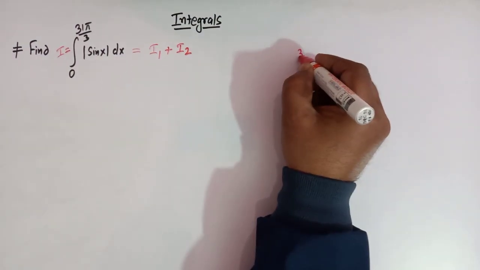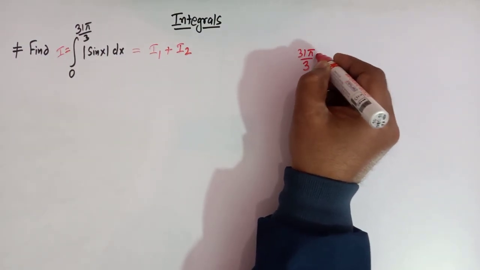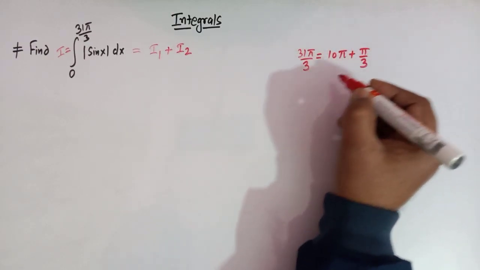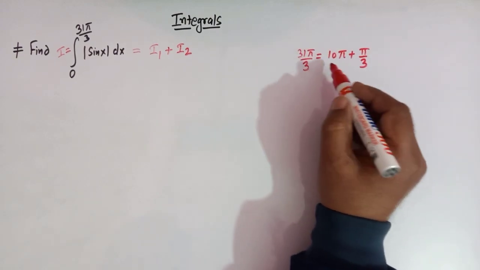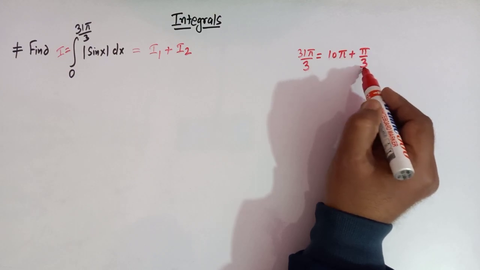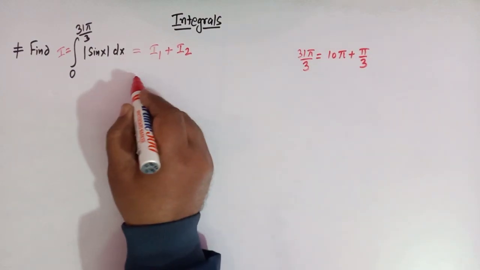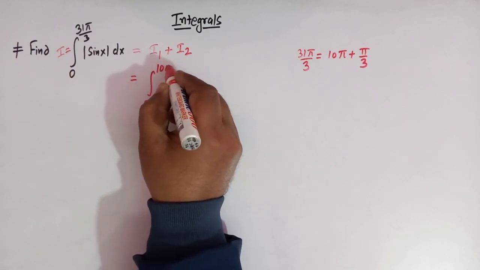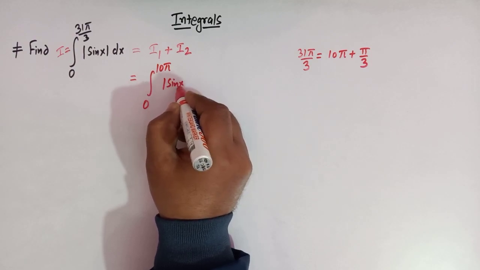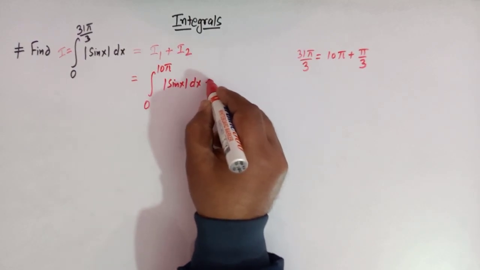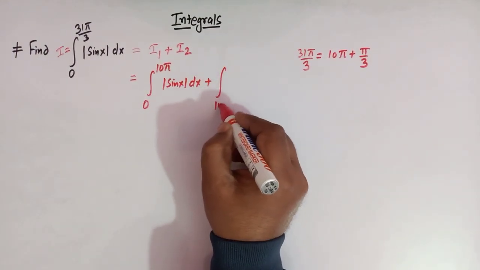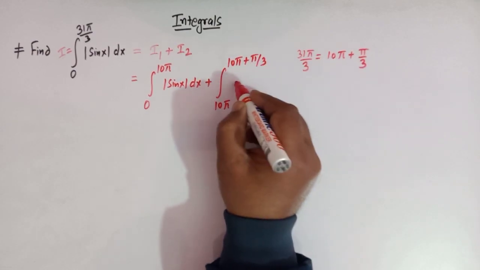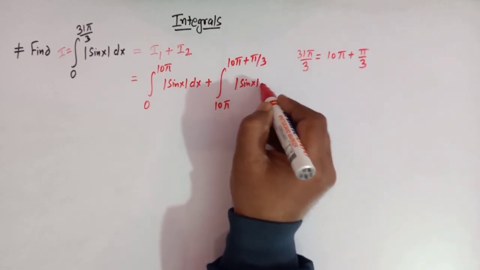Now 31π/3 can be written as 10π plus π/3. So I1 can be written as the integral from 0 to 10π of mod of sin x, and I2 can be written as the integral from 10π to 10π plus π/3 of mod of sin x.